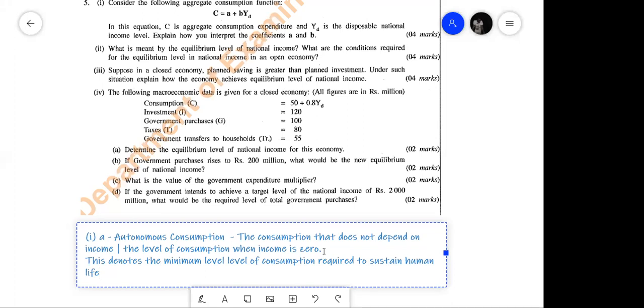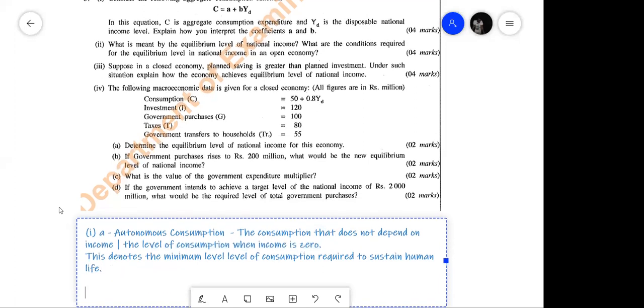You will be spending on the essentials, the minimum things that you need for survival. You're not going to buy luxury things. That is why we say it denotes the minimum level of consumption required to sustain human life. The intersection point is highlighted through this, the level of consumption when income is 0. So you can highlight that.